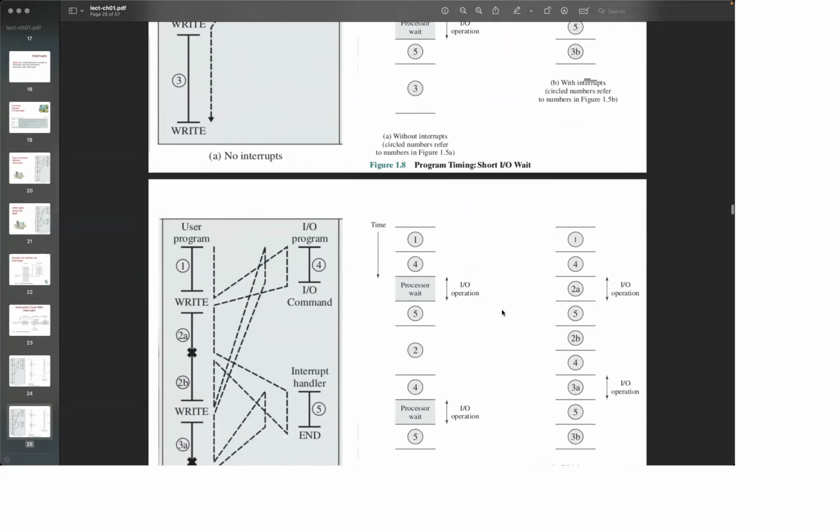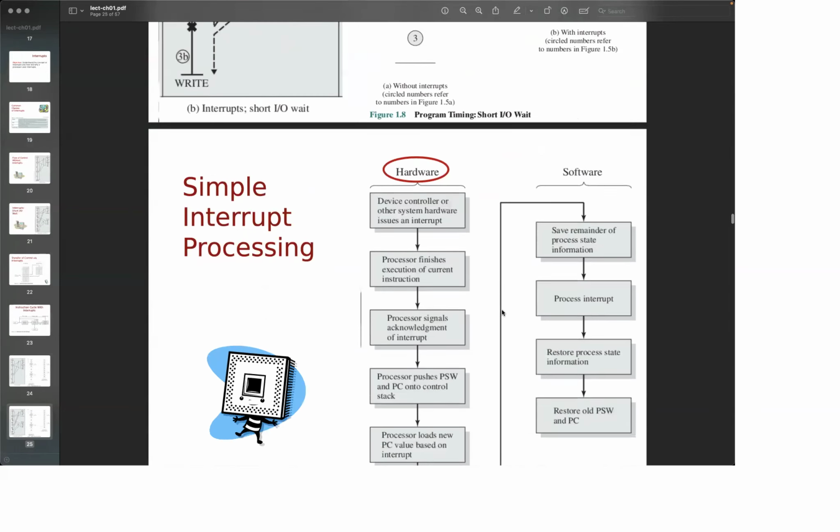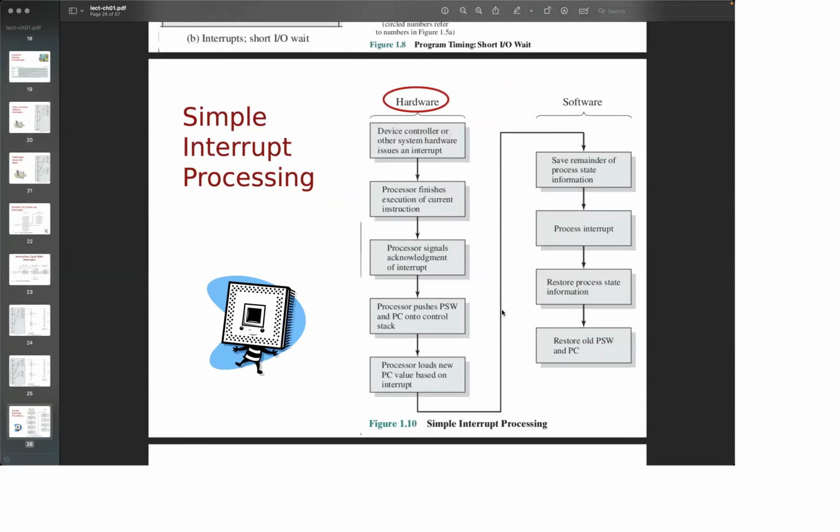And here's the example we had last time. When we do this for hardware, like simple processing, if we have some device controller or other system hardware issue, most of the time if we get mic input, keyboard or mouse, they can all interrupt.